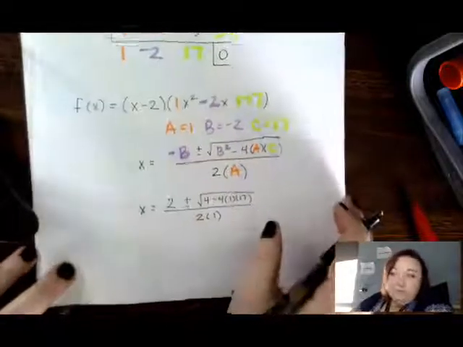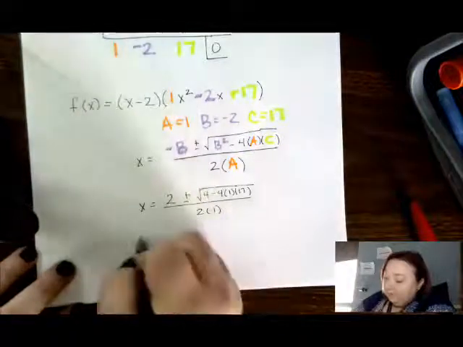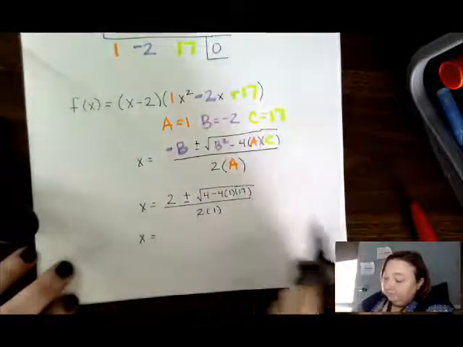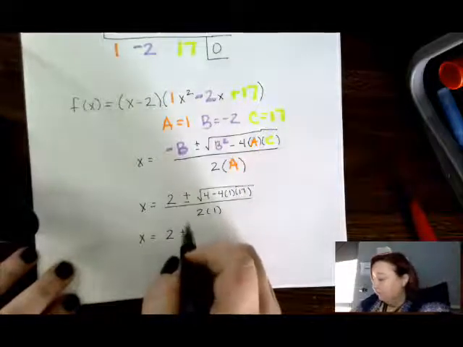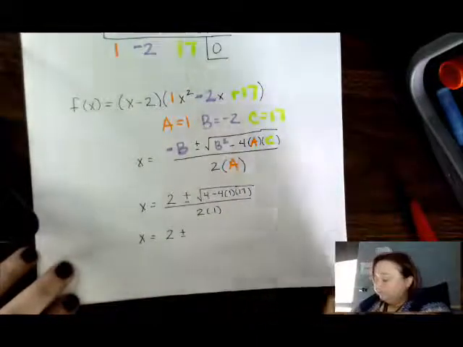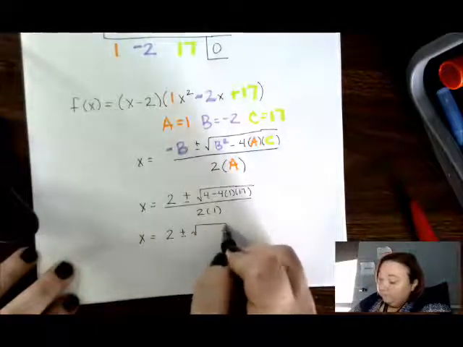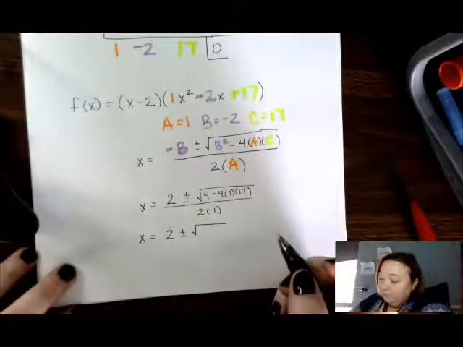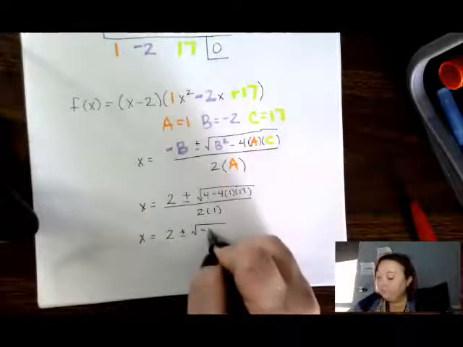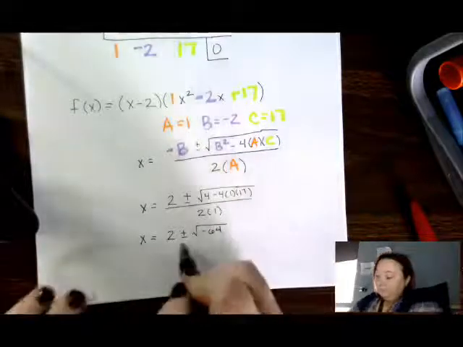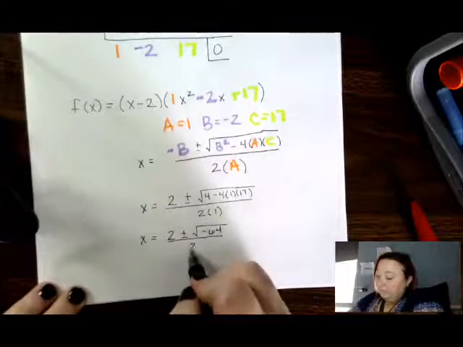Okay, and then we start simplifying. So we get 2 plus or minus the square root of -64 over 2.